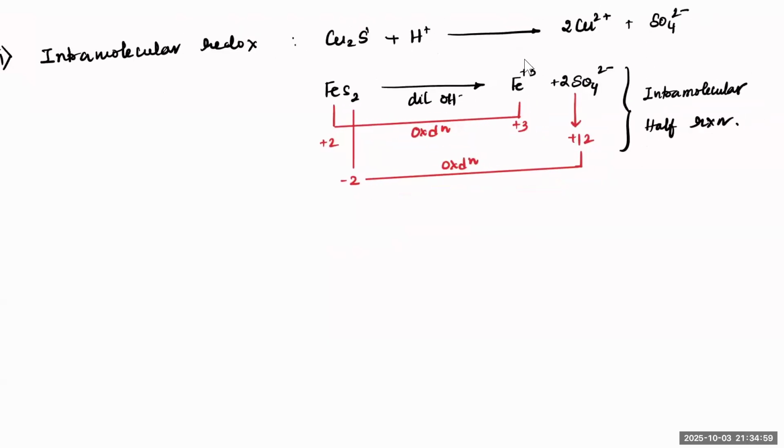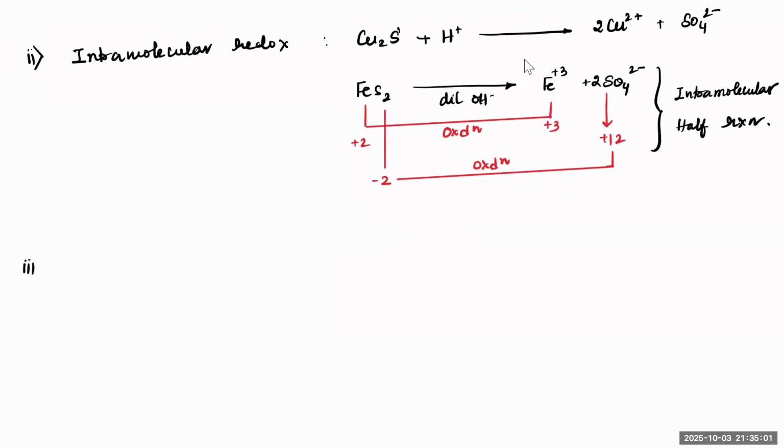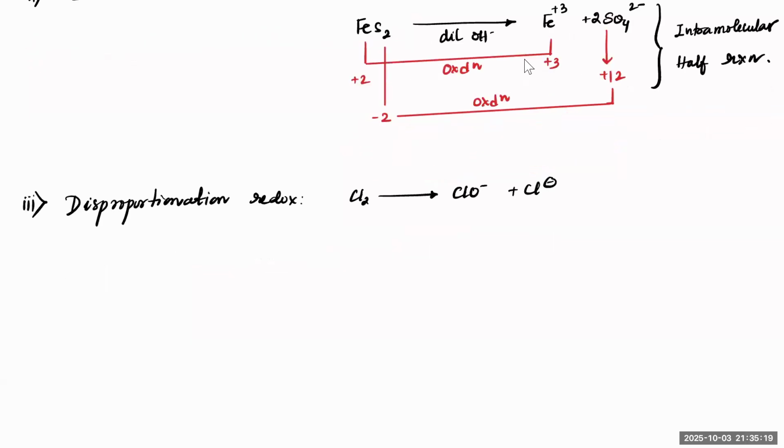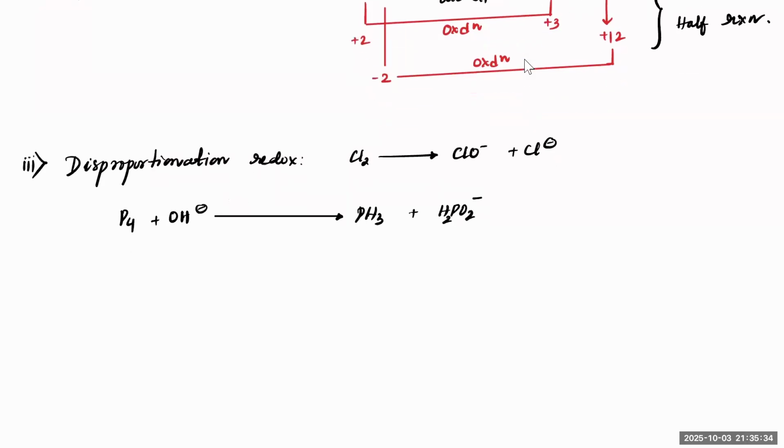This is about intramolecular. And lastly, one more, disproportionation redox. Like we just learned, Cl2 is converting into ClO minus and Cl minus. This is one example. P4, phosphorus in the presence of base, will convert itself into PH3 plus H2PO2 minus.